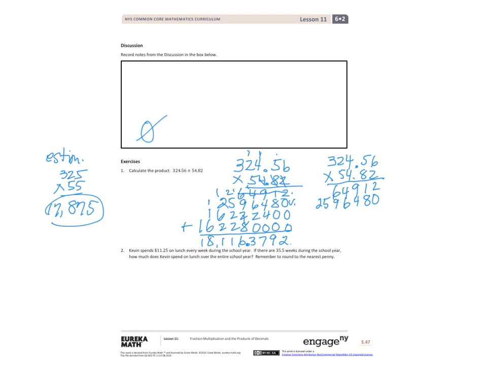2596480. But then I have this 4, so I had to put 2 placeholders down. 4 times 6 is 24. Carry the 2, 22, 18, 9, and then 12. That one is a little bit off. So I must have done something weird. Yeah, maybe I did something twice with that 5.